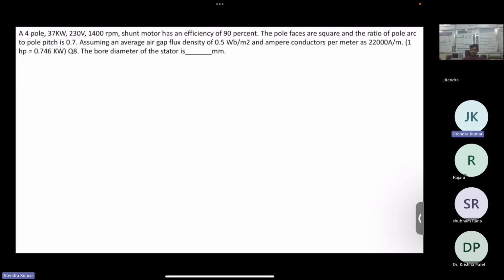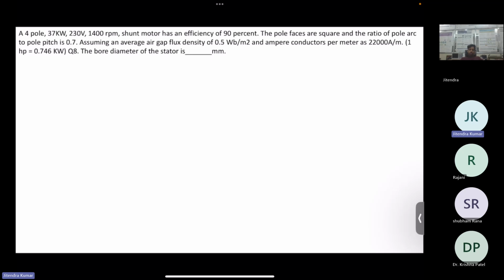So moving on to the next problem. A 4-pole, 37 kilowatt, 230 volt, 1400 rpm shunt motor, efficiency is given. Pole faces are again square and the ratio of pole arc to pole pitch is given. Air gap flux density, magnetic loading and electric loading are given.